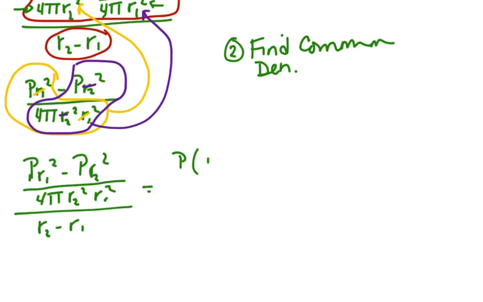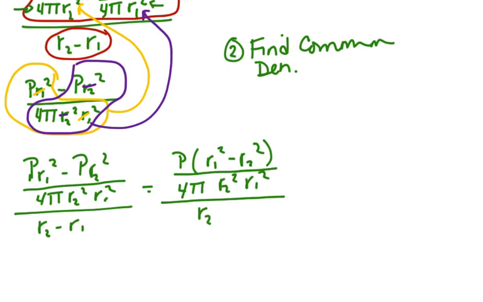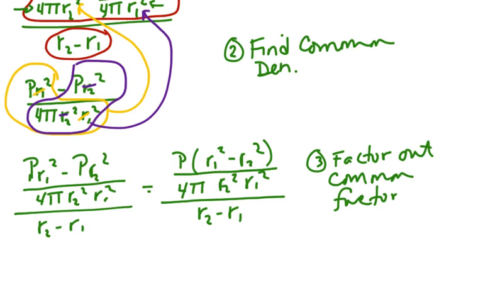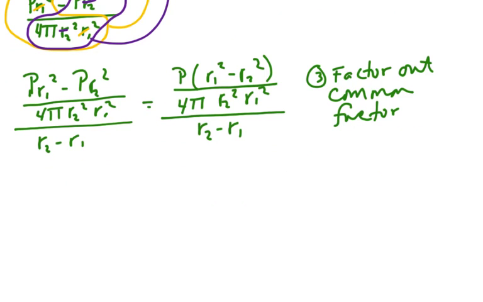You can pull out a P, and you're left with R1 squared minus R2 squared all over 4 pi R2 squared R1 squared. I'm going to do one thing in one step. That's a good clean way of executing algebra. Here I factored out a common factor. So finding a common denominator, factoring out a common factor, these are all common algebraic concepts.